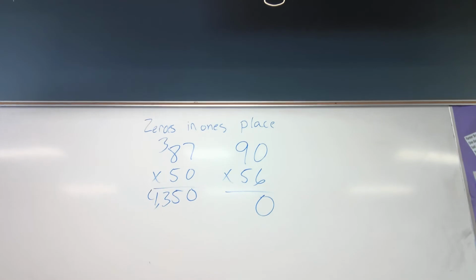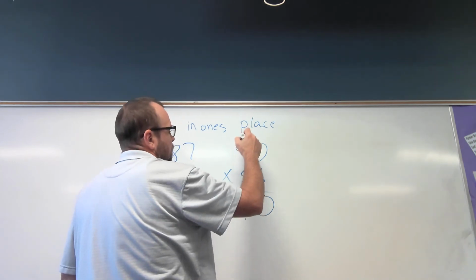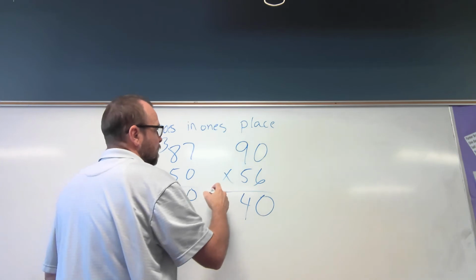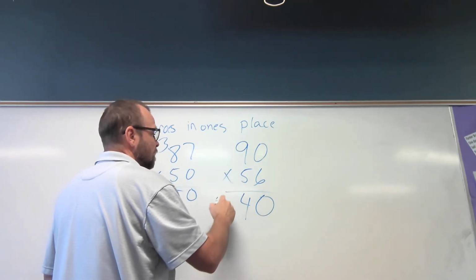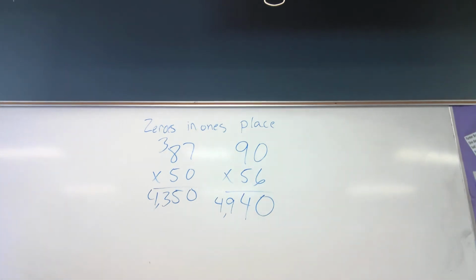If I know my 9s, and a lot of you do that finger thing, 6 times 9 is 54. And then 6 times 5 is 45. Plus 5 is 49. Did I do that right? Something like that. All I got to do is move that 0 down, and then I'm just multiplying 56 times 9.